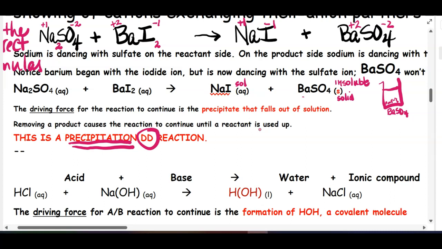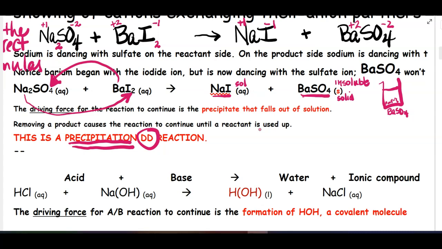Because sodium was dancing with sulfate, and now sodium's going to be dancing with iodine. Barium was dancing with iodine, and now is going to be dancing with sulfate. So the new partners are sodium dancing with iodine and barium dancing with sulfate.